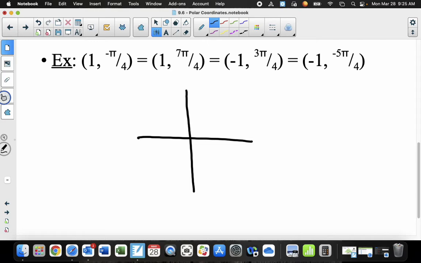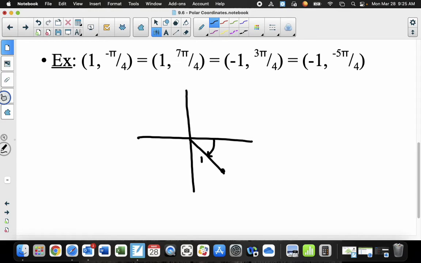Pi over 4 is what in degrees? Let's put it that way. 45 degrees. So we're going to negative 45 degrees with a radius of 1. That's what these coordinates say. Which means we are down here someplace. Okay? Somewhere in that vicinity. There's your radius of 1. That's your theta right there. Okay?